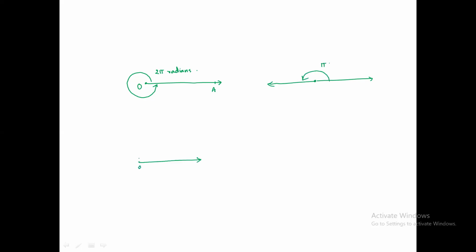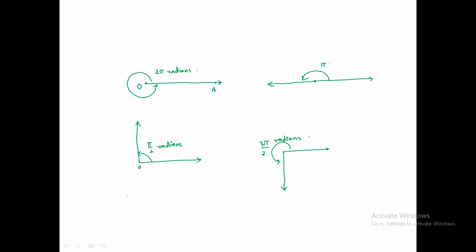If you make 1/4 revolution, that will be pi by 2 radians. If you make 3/4 of the revolution, that will be 3 pi by 2 radians. As we have learned in degree measure, like that.